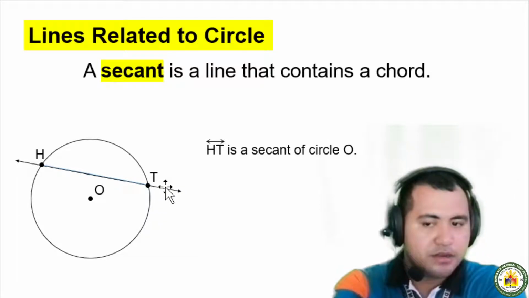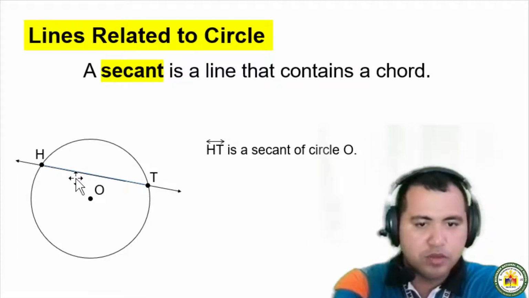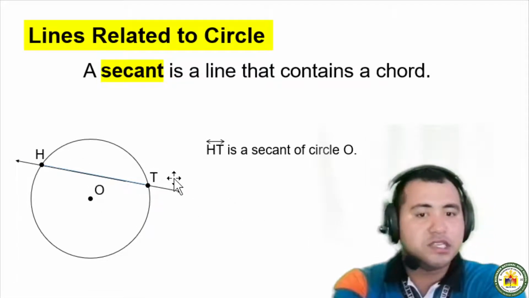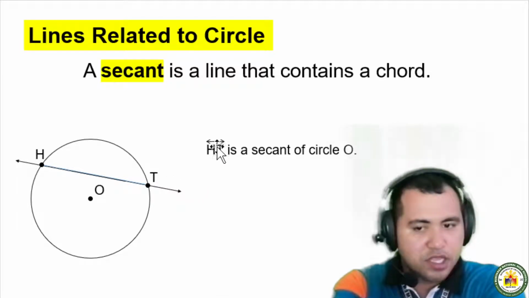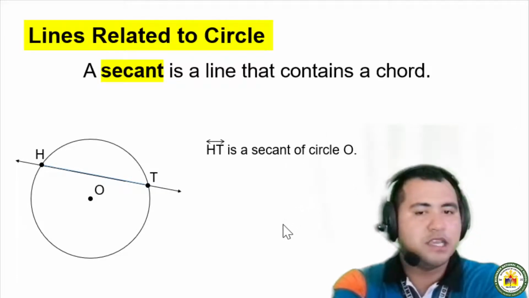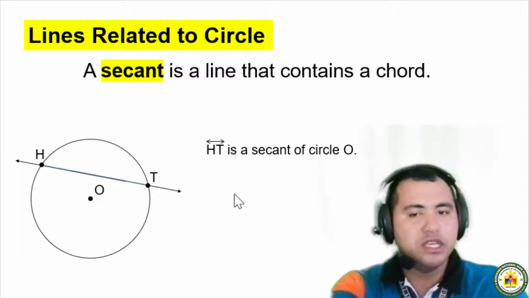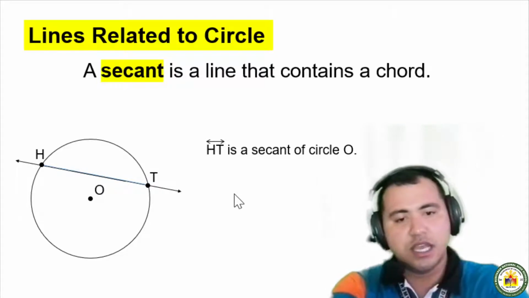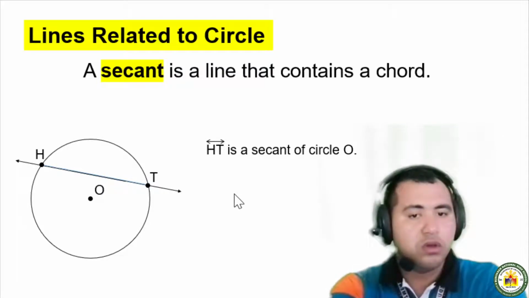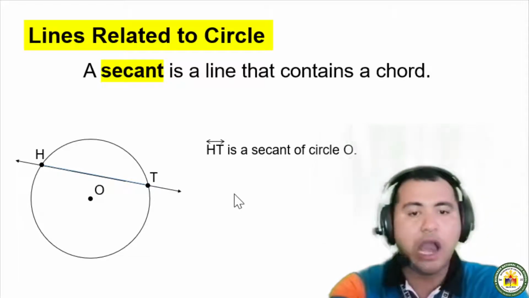Part siya sa line. Kani nga line, kanang ma-extend in both direction, that is a secant. So mao nang secant, line HT is a secant of circle O. No? As I've said, the difference between chord and secant is, ang chord is a line segment, ang secant is a line. Pero, pareho sila og number of intersection sa circle. Duha.